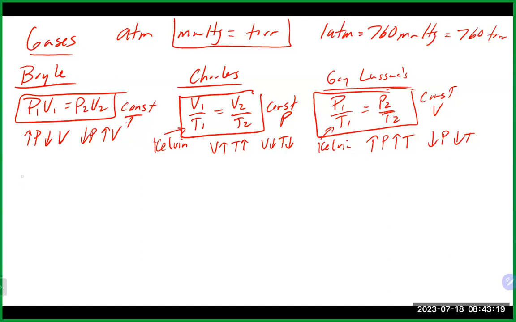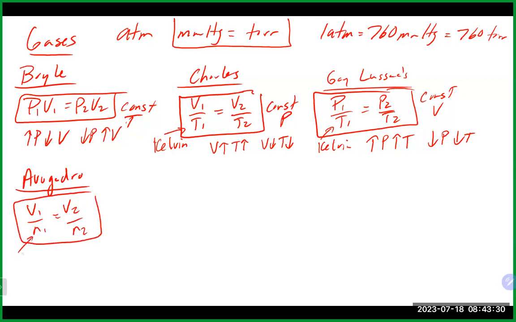We had our friend Avogadro and his law, which is V1 over N1 equals V2 over N2. N is the moles. And this is at constant temperature and pressure in this situation. And the relationship here is that the volume and the number of moles are proportional to each other.